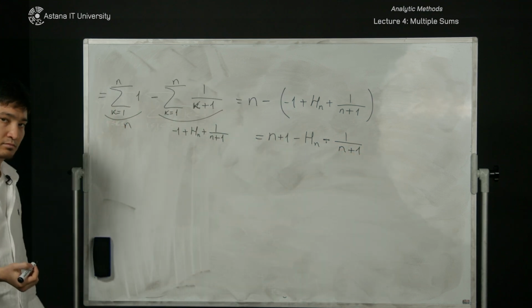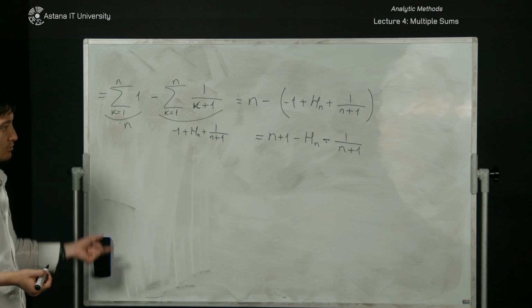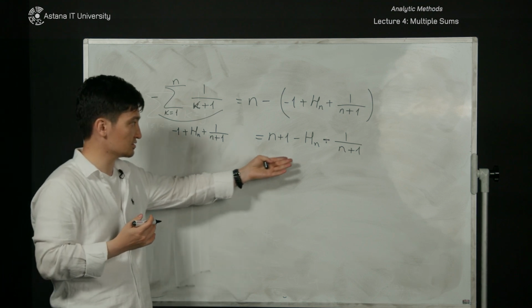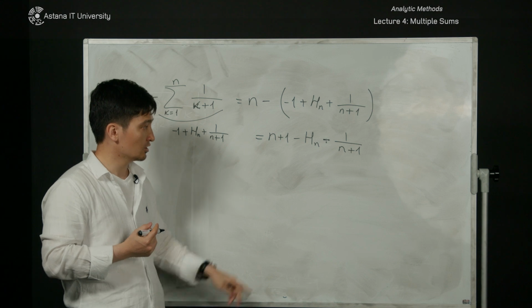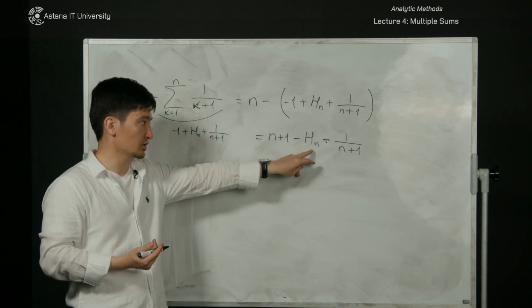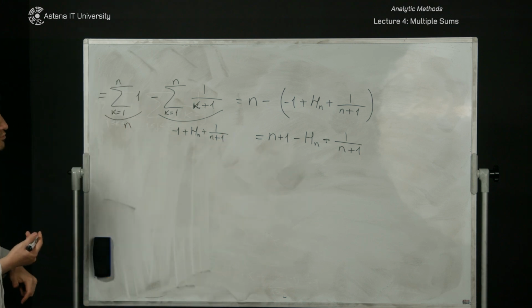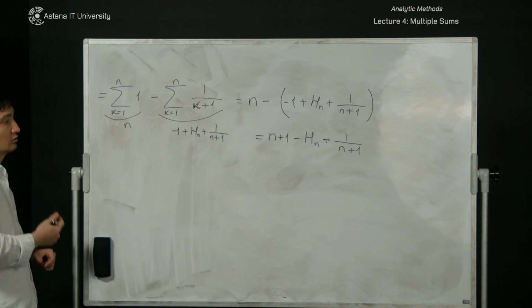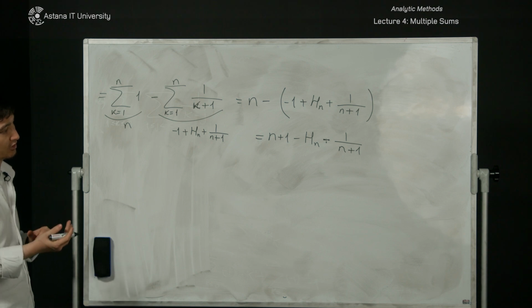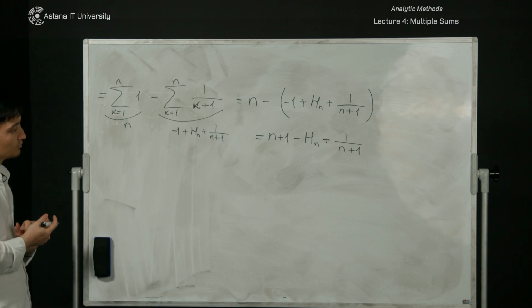And that's it. So we had this double sum at the beginning, we transformed it and then expressed it in terms of hn. Or we can substitute hn with log n, and you'll get your expression in terms of log n as well. So this is it for this problem.